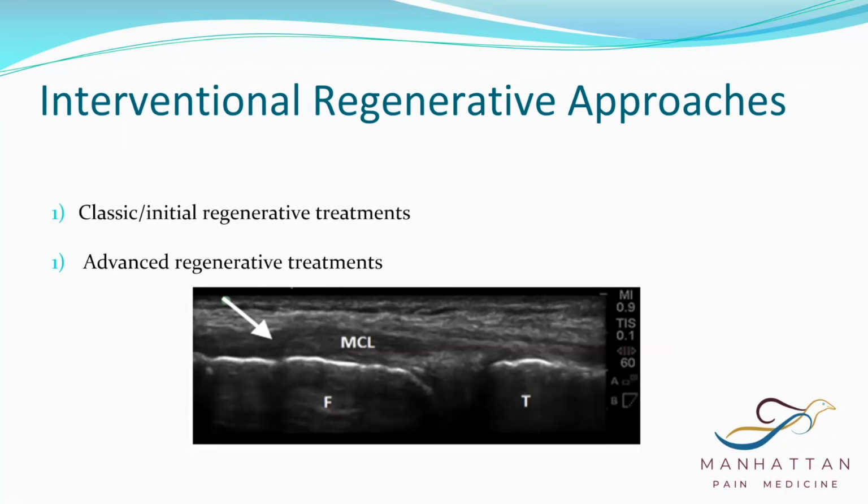What that means is that we'll do the injection inside the joint and cover a large area, getting all of the internal aspect of the joint capsule, as well as any internal ligaments in that area, such as in the knee, the ACL and PCL.